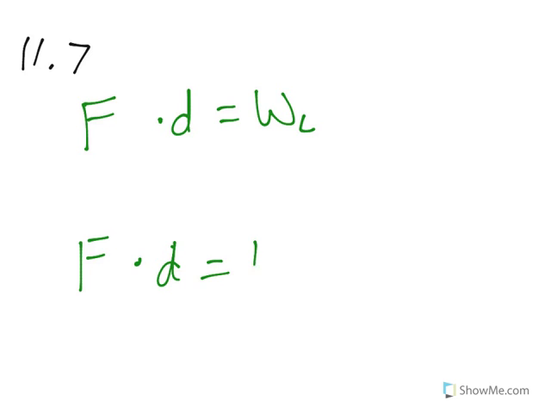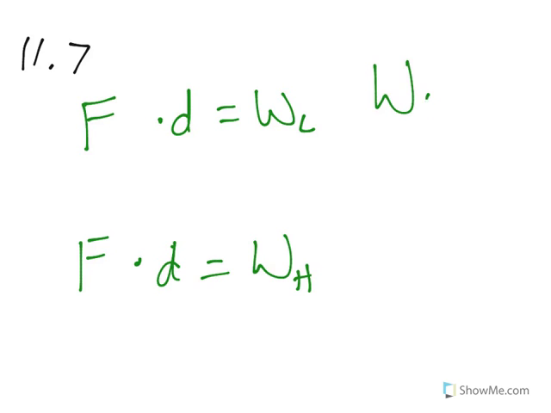Number 11.7, my bad. A light plastic cart and a heavy steel cart are both pushed with the same force for a distance of 1 meter. So the important thing here is they're both pushed with the same force for the same distance, which means the work done on the light cart should be equal to the work done on the heavy cart.